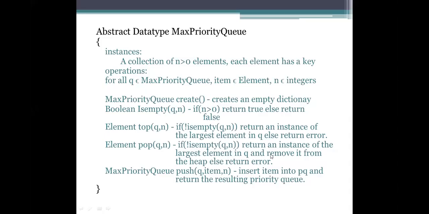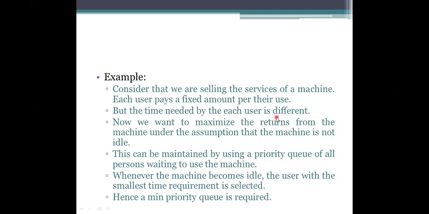And coming to the next one, after the processing, I took a normal example. The normal example here is a machine service. A machine service means you can think of it as an internet cafe example. What is the cost they are charging for 1 hour?